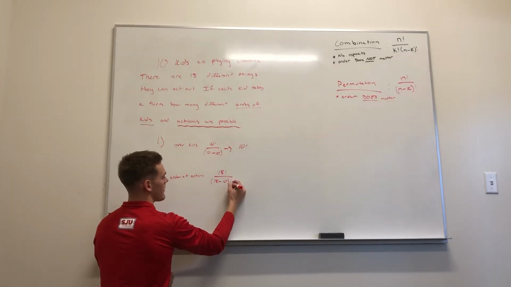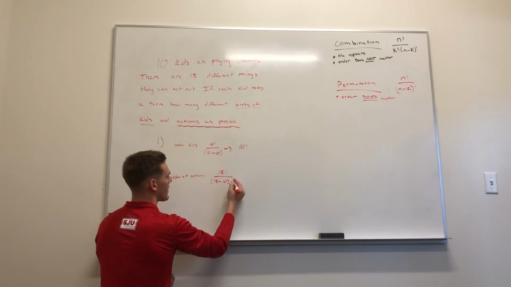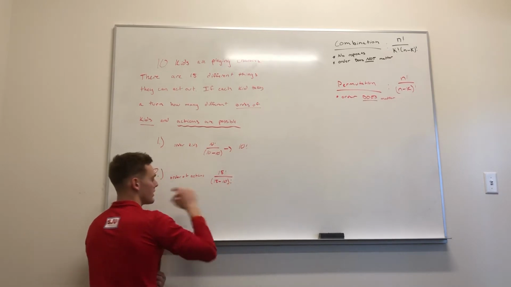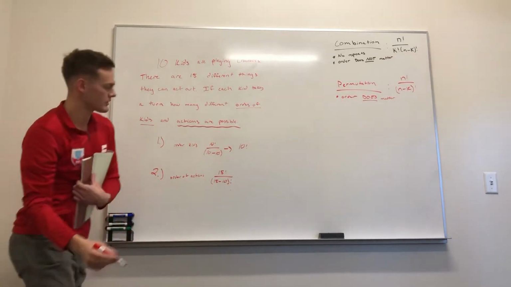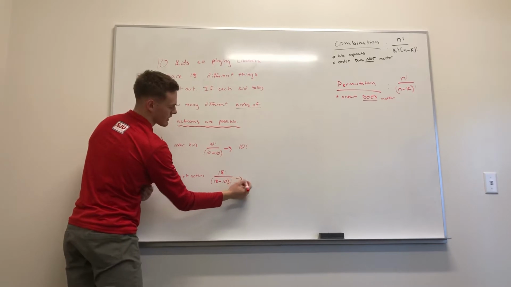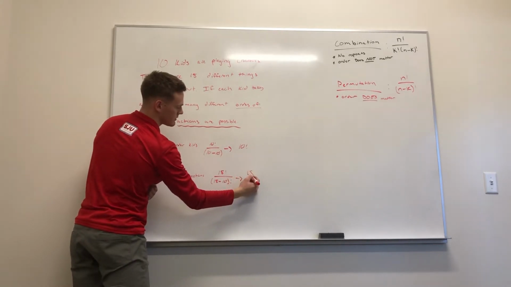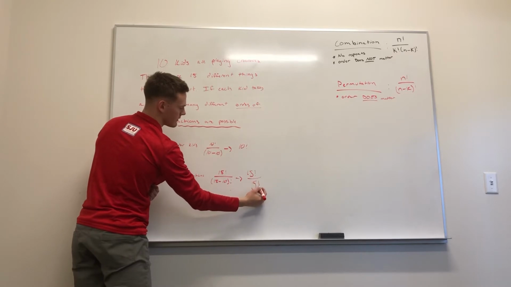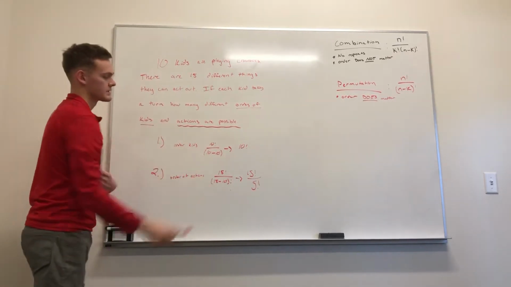So for this part, this is going to get broken down and simplified into 15 factorial over 5 factorial, 15 minus 10.